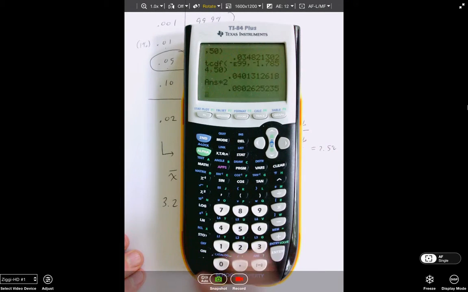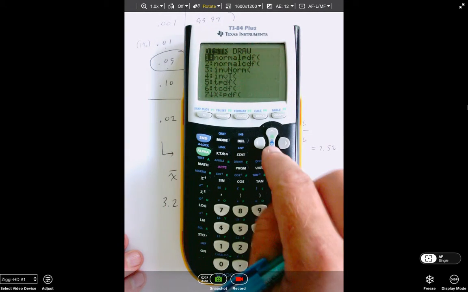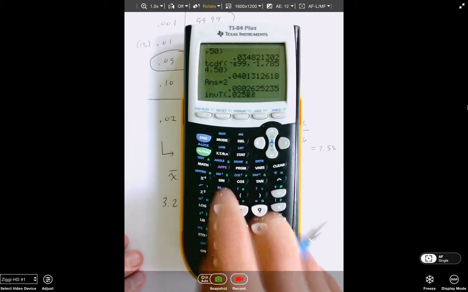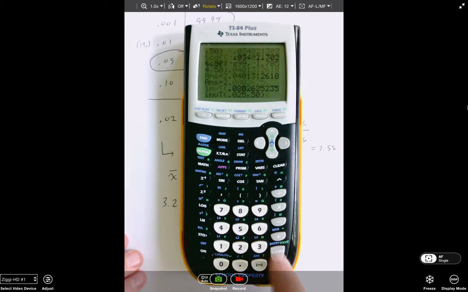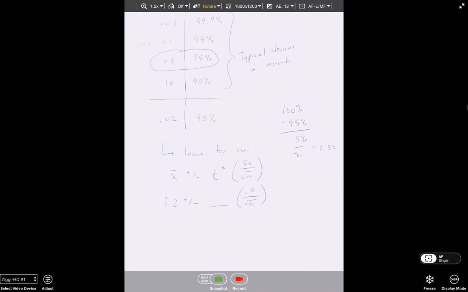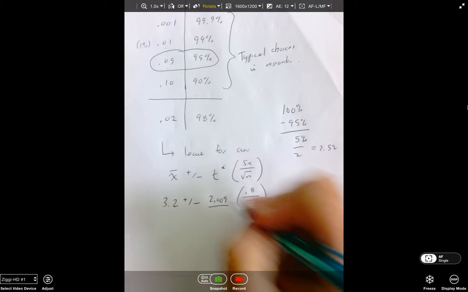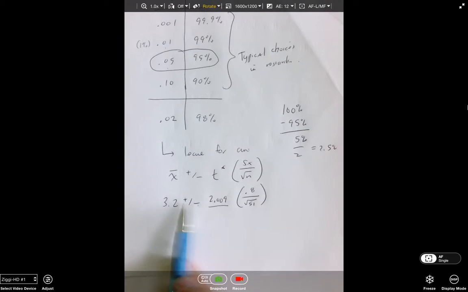So guys, we can use our inverse t for that. 0.025, comma the degrees of freedom. So our t critical for the 95% confidence interval would be negative 2.009. Okay, so that'd be the negative. The plus would be on the other side of the distribution.